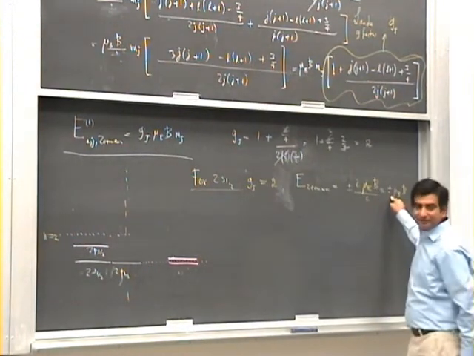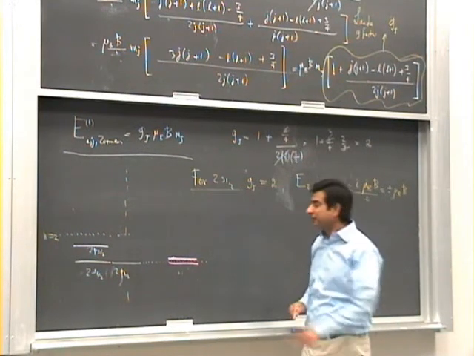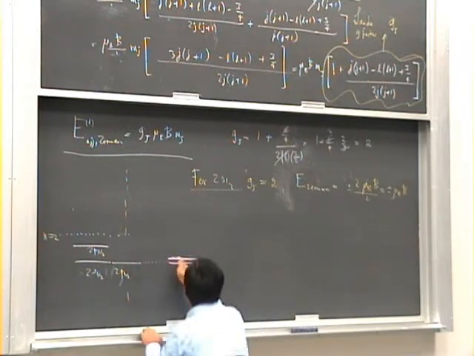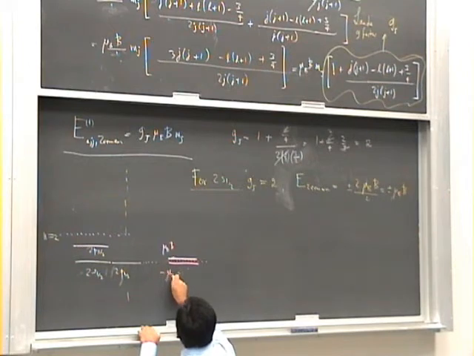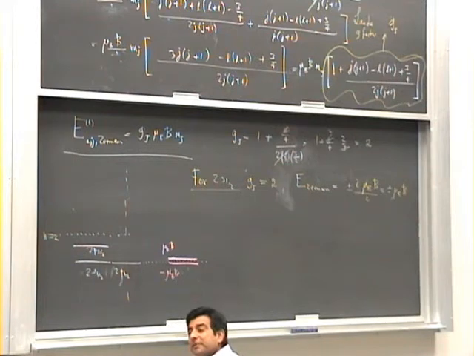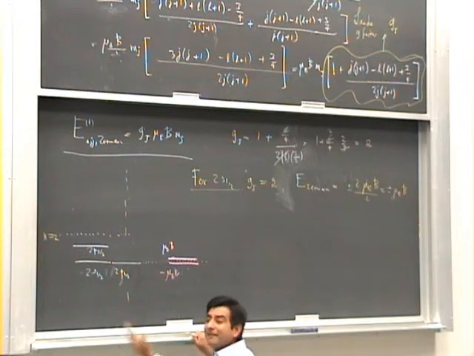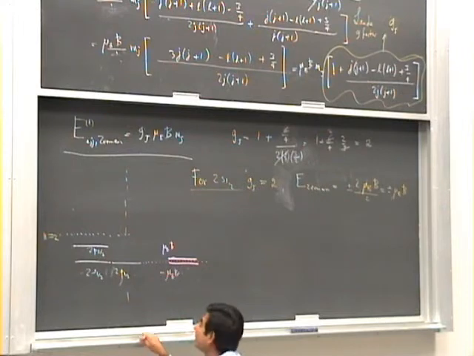Plus mu B B. And this will be lower by minus mu B B. The value of j tells you the possible range of mj's, which tells you how many levels you get in the splitting. And the value of gj determines the amount of splitting. The amount of splitting here is given by 2 times mu B B.